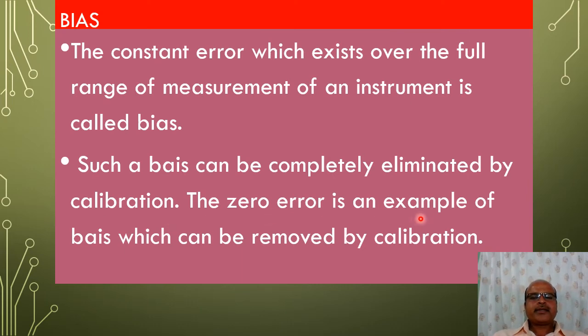The zero error is an example of bias which can be removed by calibration. So calibration of equipment is very important. You can calibrate each and every mechatronics and electronics equipment twice a year. After calibration, they will give the correct readings. So this calibration part is important.